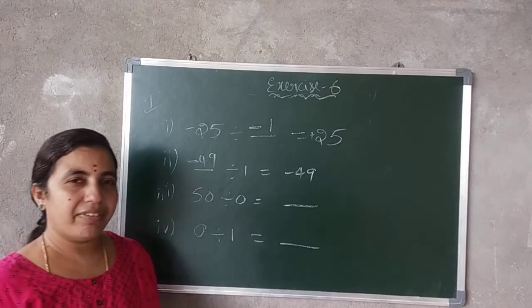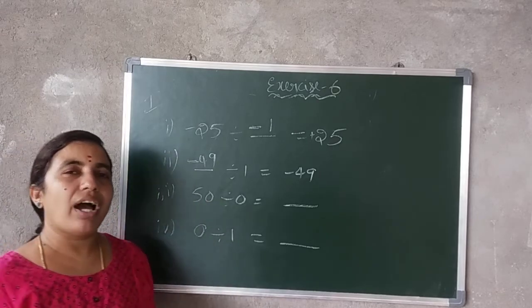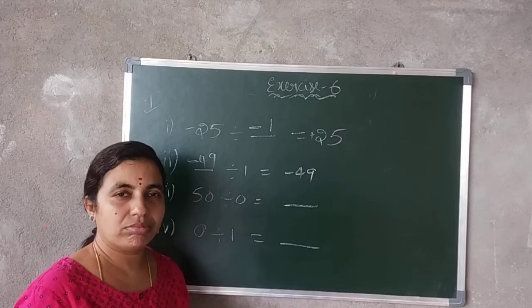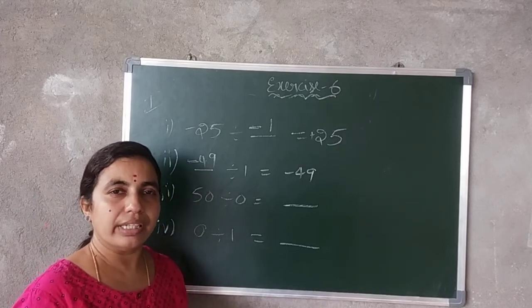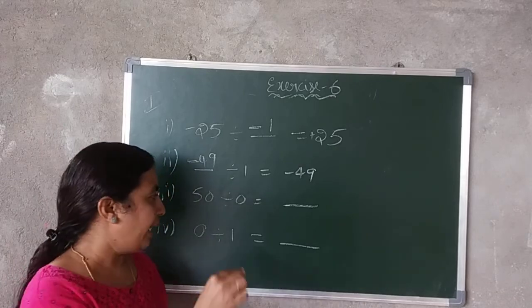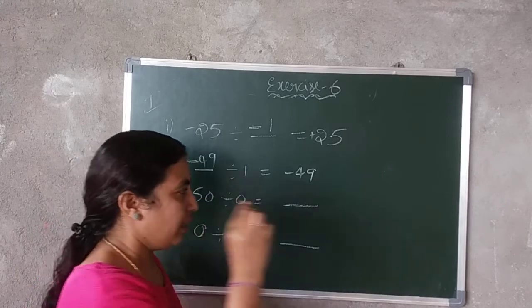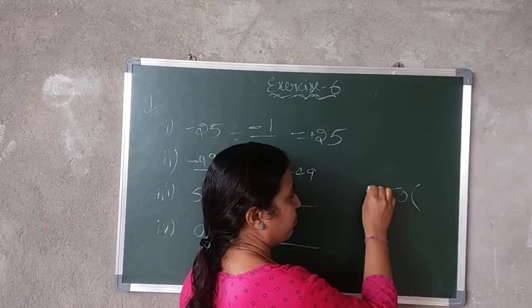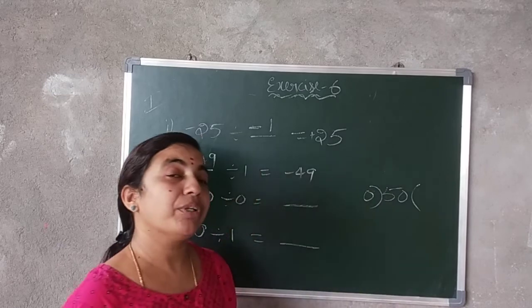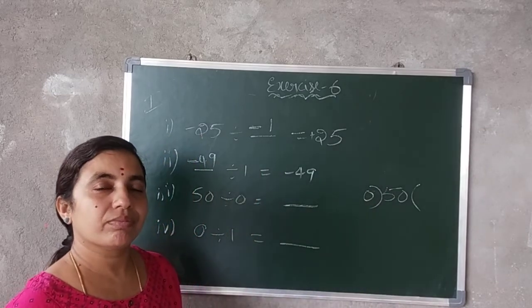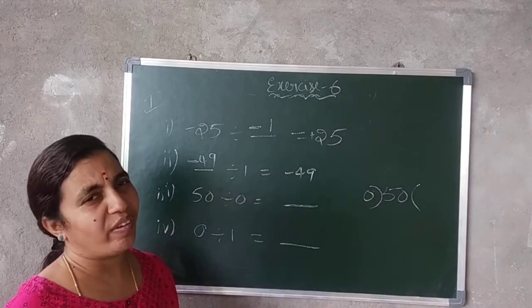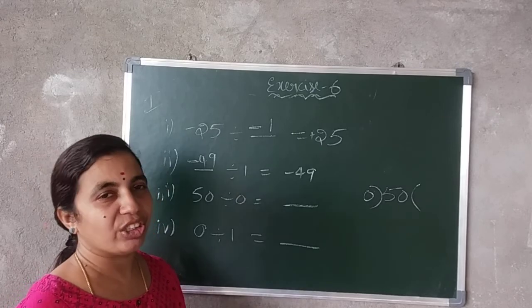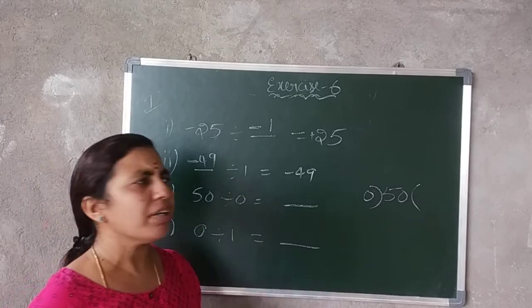Next, this is important. See, 50 divided by 0. Can you divide a number by 0? Is it possible to divide a number by 0? See, try it. Which number do you have to take in the quotient? Can we assume 0 1s are 0, 0 2s are 0, 0 3s are 0? So any number we can write here.